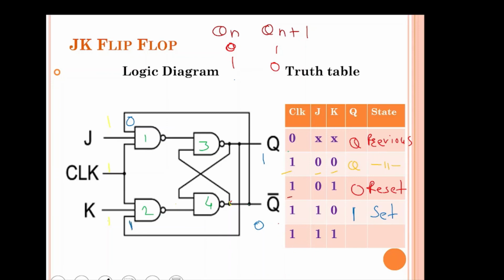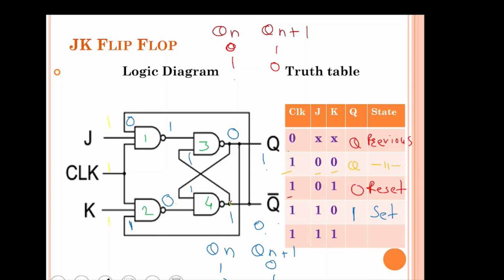Now the output of first NAND gate will be 1 and output of second NAND gate will be 0. Now this 1 comes here, the Q, and then output of fourth NAND gate will become 0. So it will become 1 and output of third NAND gate will be 1 NAND 1, that is 0. So if the previous condition is 1, 0, then you got the next output that is 0, 1. If Qn was 1, 0, then we have got Qn plus 1, that is 0, 1.